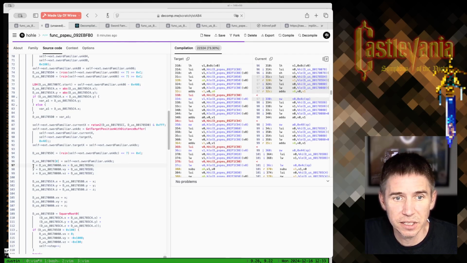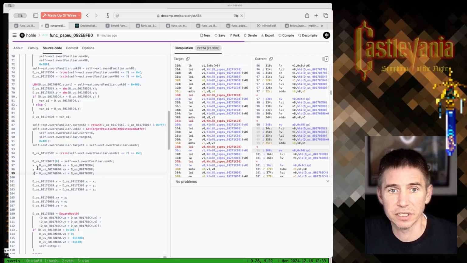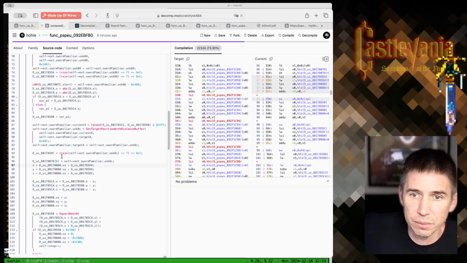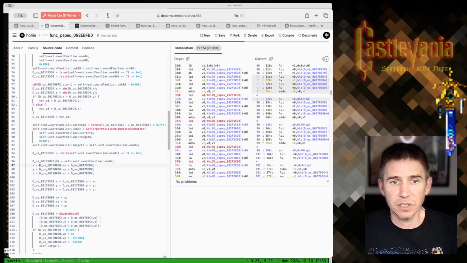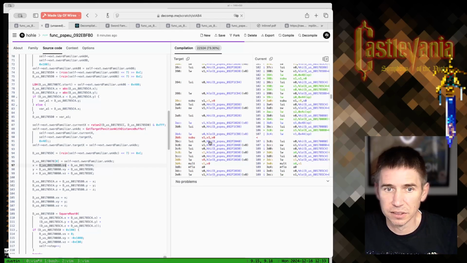Oh, actually, that's these additional variable assignments. Those don't appear to be being used. So it's possible that this is a relatively simple fix.